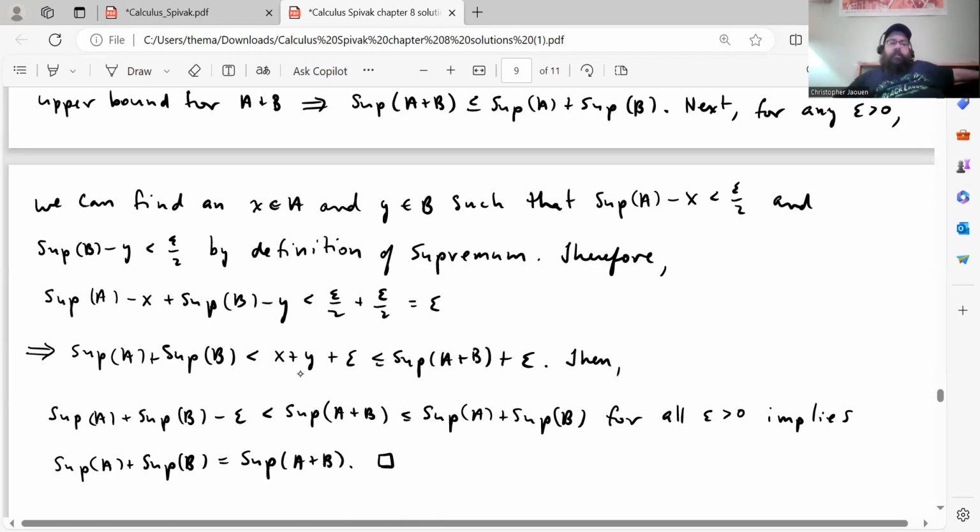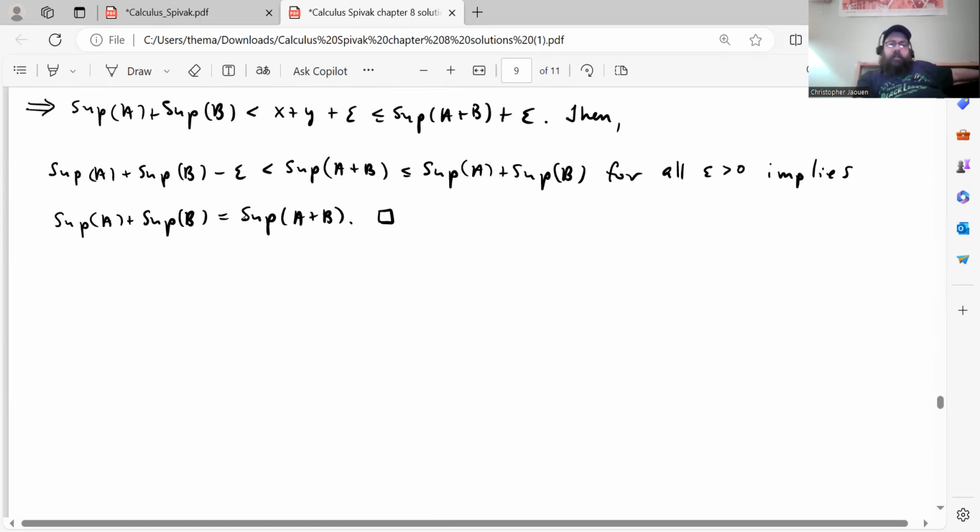Then sup A plus sup B minus epsilon is less than sup(A plus B), which is less than or equal to sup A plus sup B for all epsilon greater than 0. That obviously implies that sup A plus sup B is equal to sup(A plus B), because the two inequalities give you equality. Okay, so that's all the problems that I did so far.